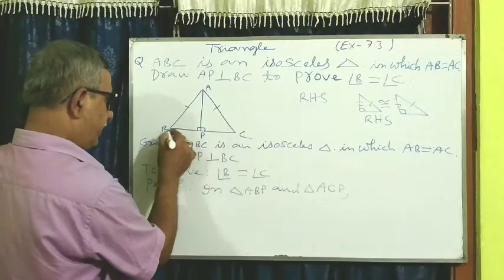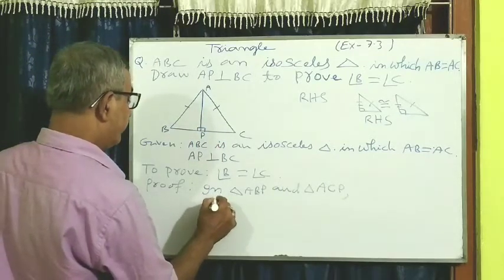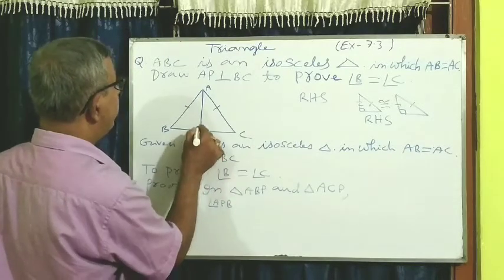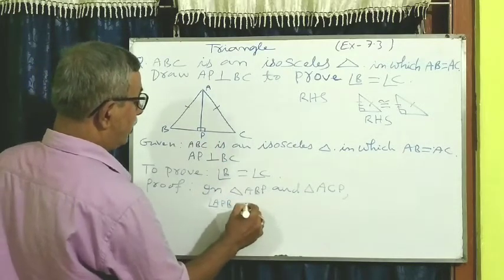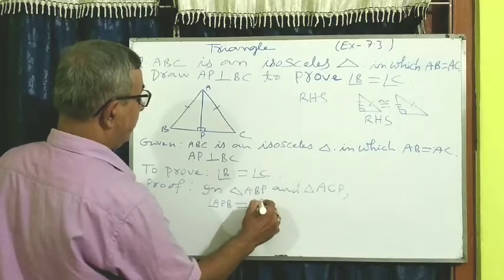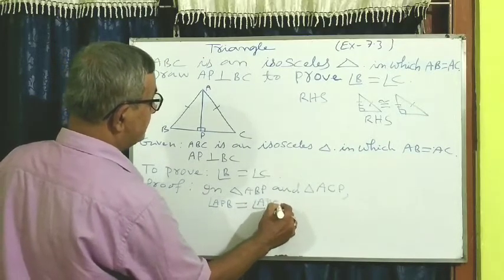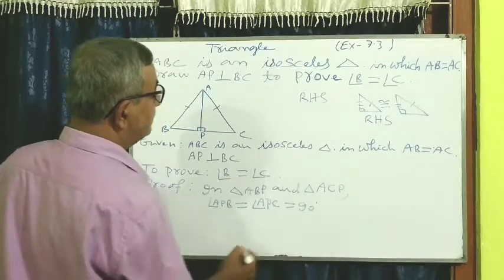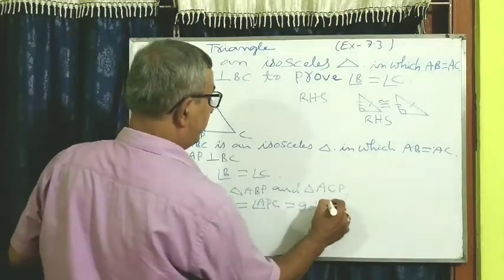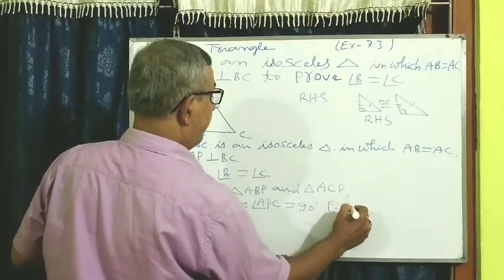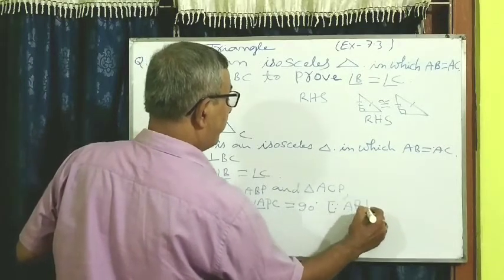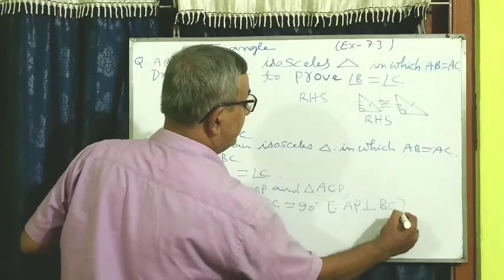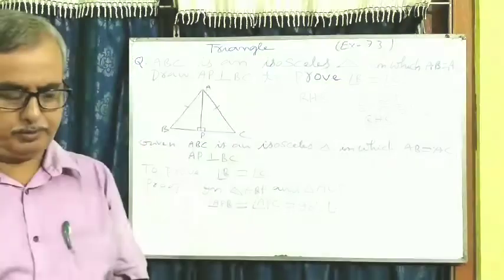Angle APB equal to angle APC is equal to 90 degree. Why 90 degree? You can write, since AP is perpendicular to BC. Okay, so 1 point you got.